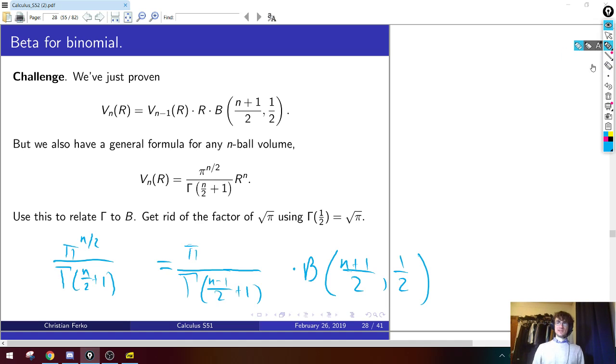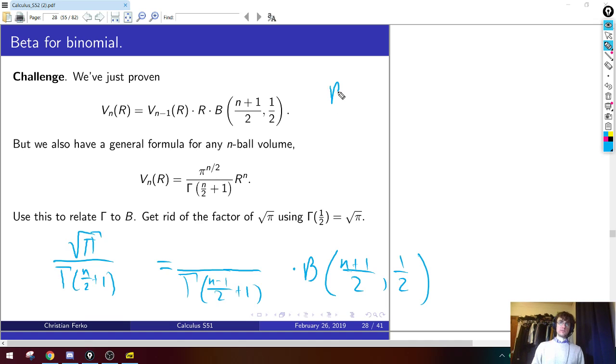We can rewrite it as pi to the n over 2 times pi to the minus 1 over 2. So we are going to have a pi to the power of 1 over 2 left over, on the left, because you multiply. So that's also known as root pi. Okay, so we're almost done.